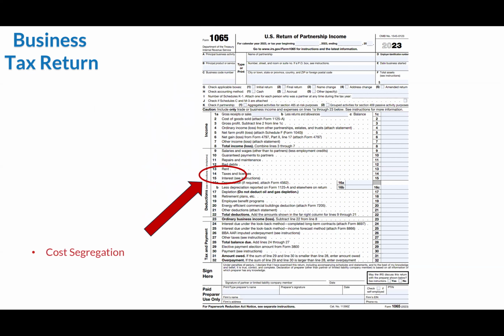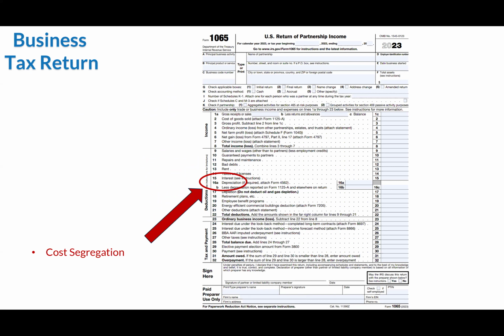Now, if you start going through and just looking at the front part of this tax return, do they have any depreciation? Well, if they have depreciation on their tax return, now we can look at this. Can we do a cost segregation?